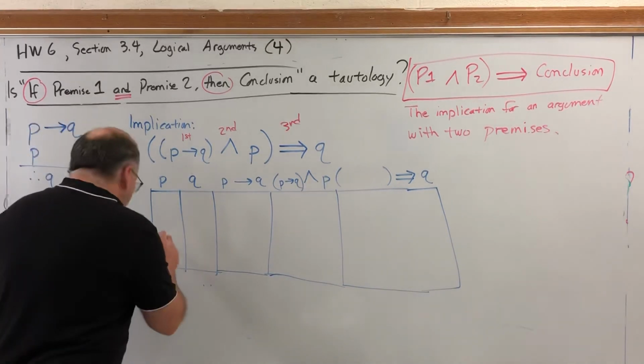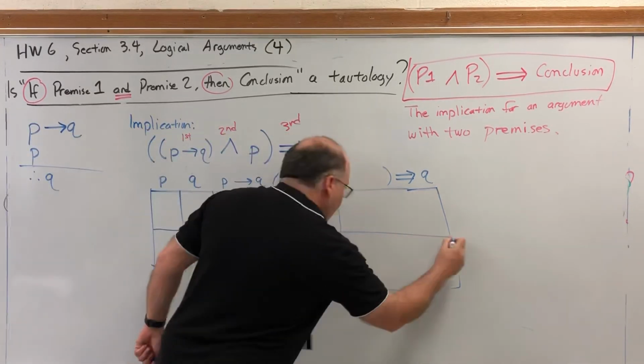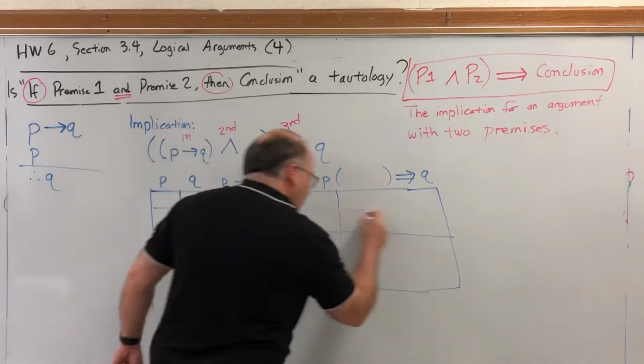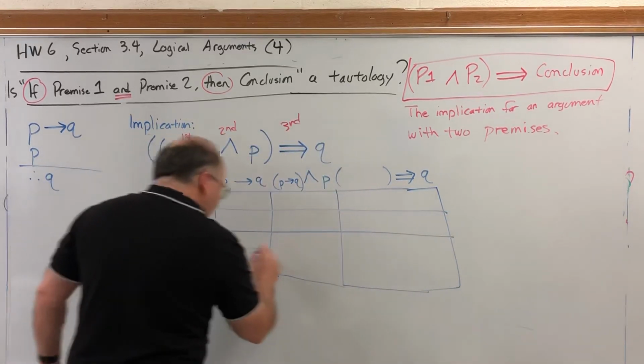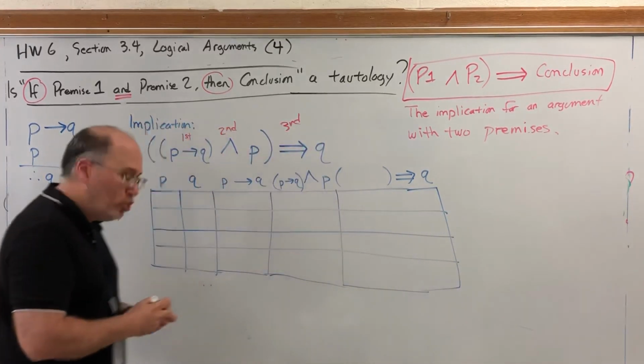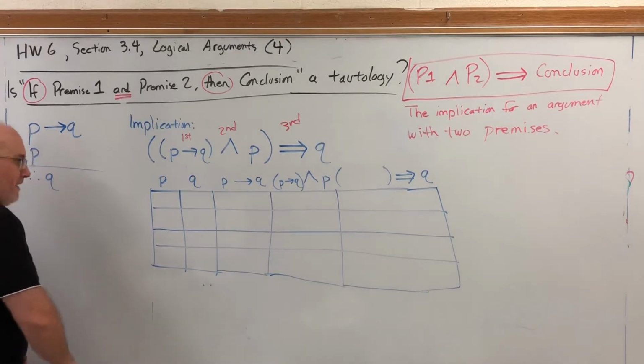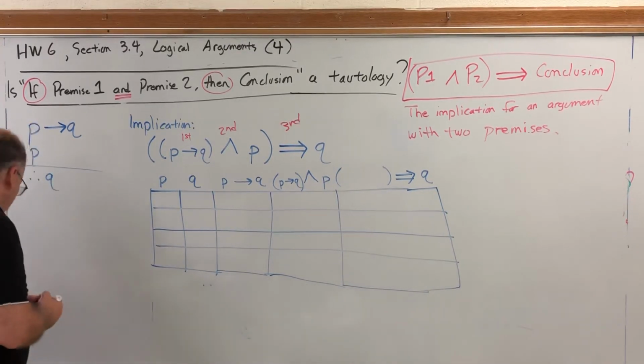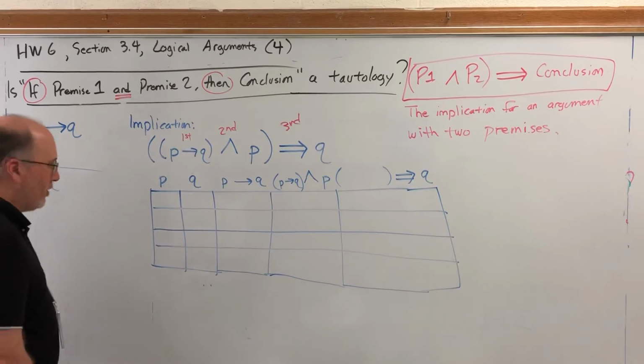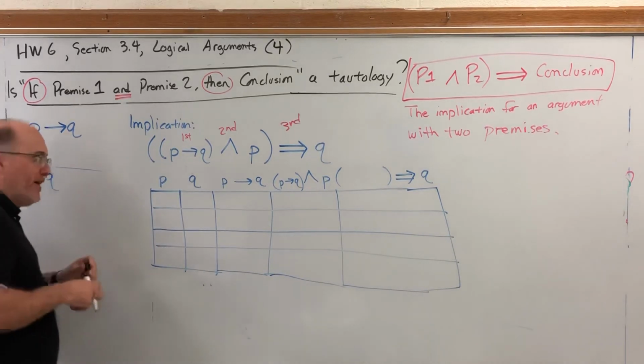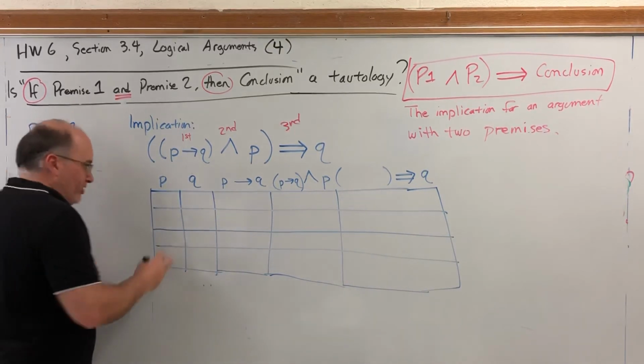All right, let's get this truth table going. When you have 2 simple statements, in this case P and Q, you'll always have 4 rows, because remember, the first 2 columns represent every combination of truth values for the 2 simple statements.